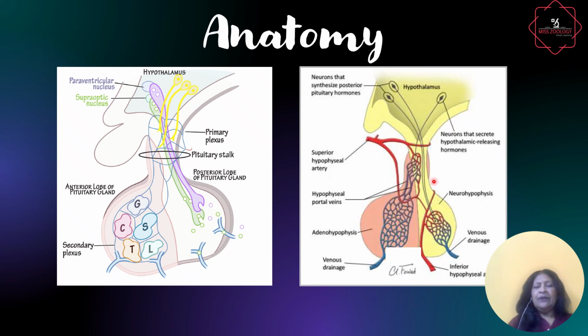This forms a primary plexus in the area of the infundibulum, or the stalk of this pituitary. Further, it branches and makes a secondary capillary plexus, and after that it can be poured down into the systemic circulation to be taken to target cells for its functional activity.